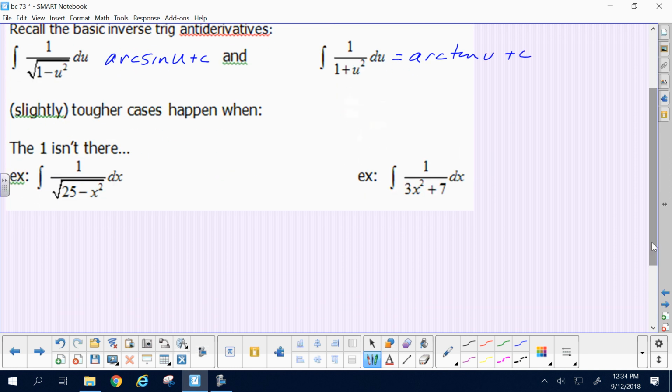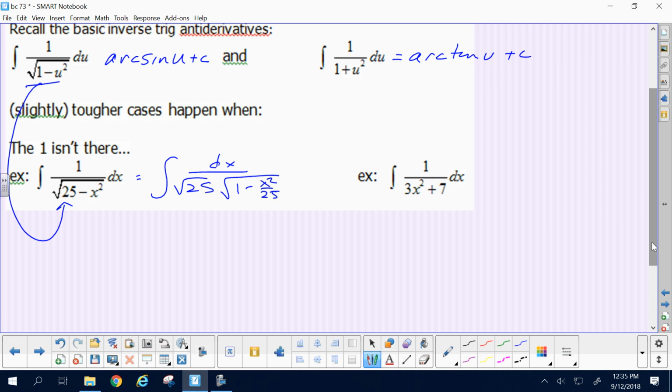So, first of all, if the 1 isn't there, then the first thing you should do is make the 1 there. So you could factor out a root 25. When you factor out a root 25, you're left with 1 minus x squared over 25 there. Are you cool?